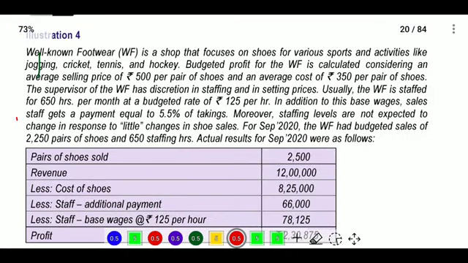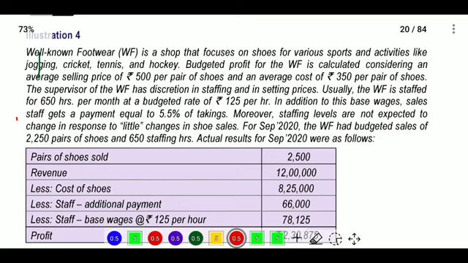The budgeted profit for WF is calculated considering the average selling price of 500 rupees per pair of shoes. So they provided the selling price. For that we will get the sales value contributions, and they provided the average cost, that is the variable cost.